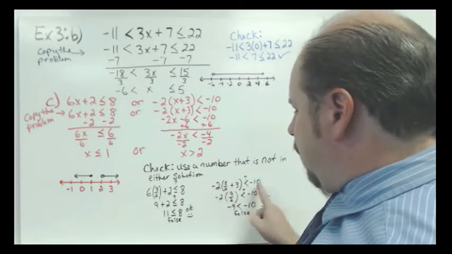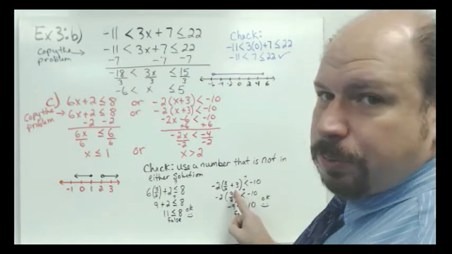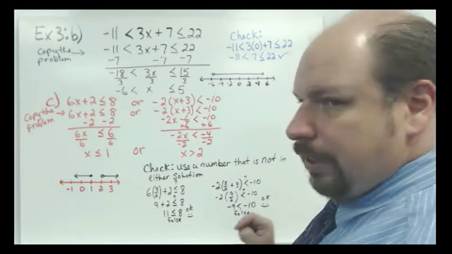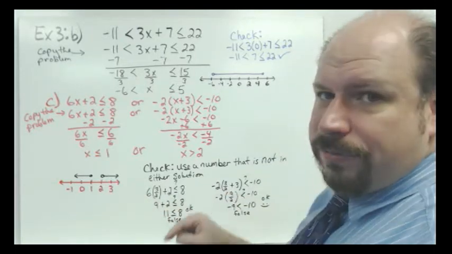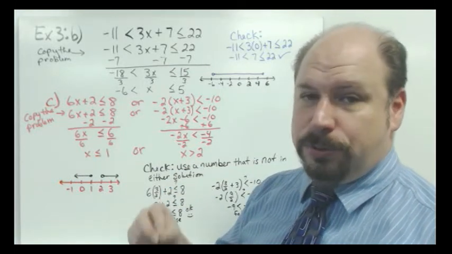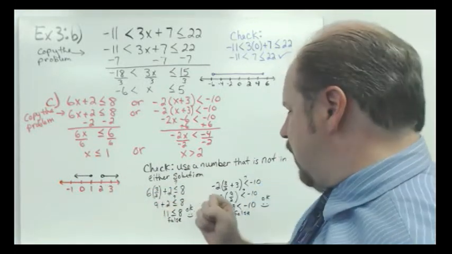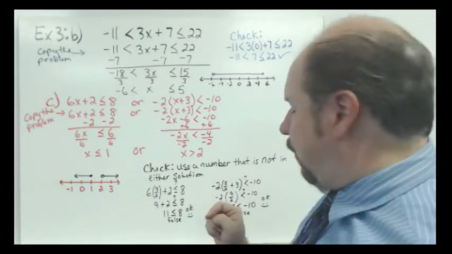When we put 3 halves into the other inequality, -2 times the quantity, 3 halves plus 3, is less than -10. So we're going to simplify that. 3 halves plus 3. Well, 3 is the same as 6 over 2. Hopefully you noticed that. So 3 halves plus 6 halves is 9 halves.